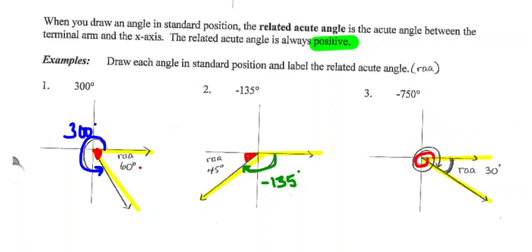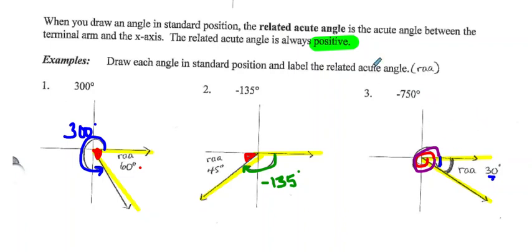I'm just going to do this in different colors. And then you're going to go another rotation. And then there's going to be a little more, right? Because that's only 720. So that's the extra 30 degrees, which is here, for your related acute angle.